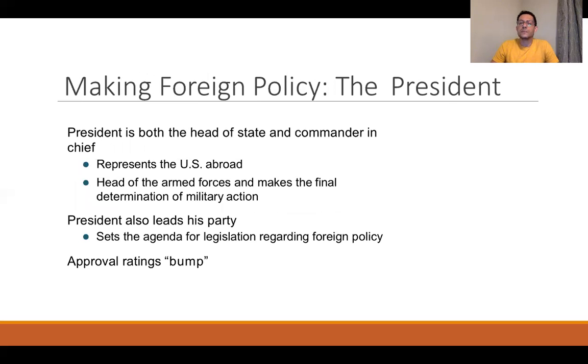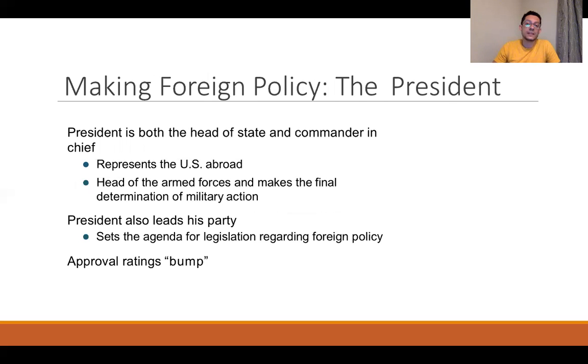So, both of the elected branches, the presidency and the Congress, have a role in foreign policy. Now, the president, as head of state and commander in chief, has the most predominant role in foreign policy.